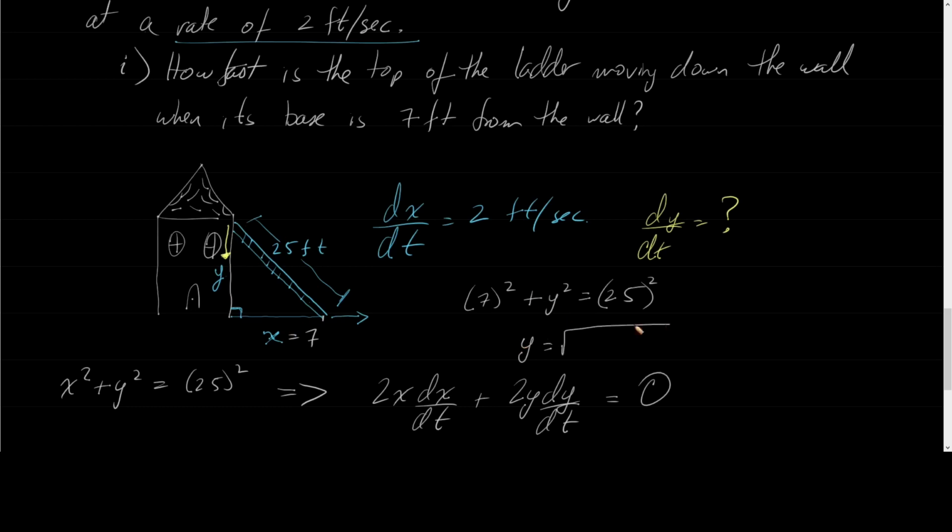So the square root of 625 minus 49, and that square rooted ends up being 24.